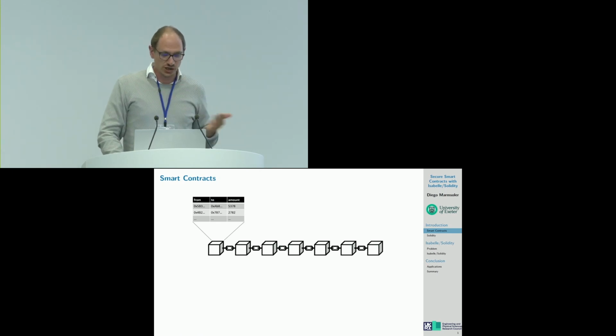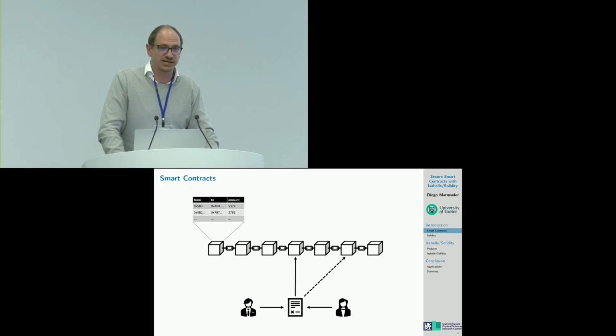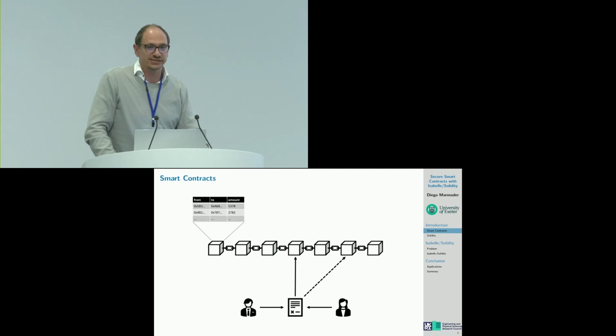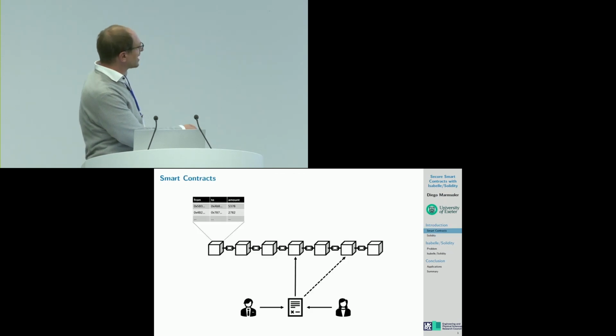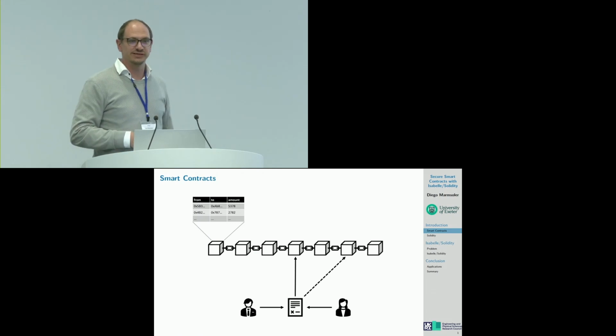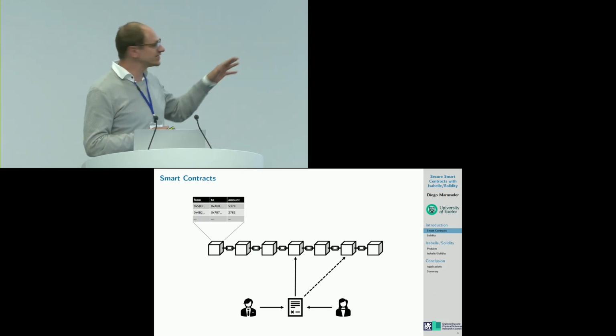Now, one key innovation which comes with blockchain are so-called smart contracts, which are basically digital contracts which are deployed to the blockchain and executed once certain conditions are satisfied. For example, we can have a buyer and a seller here, which agree on some predetermined conditions for a sale.